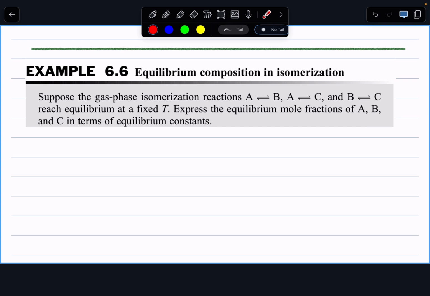From this equation, what we can write is chi B equals chi A times the equilibrium constant between A and B. Same applies to here. So we can write chi C equals chi A times equilibrium constant A to C.